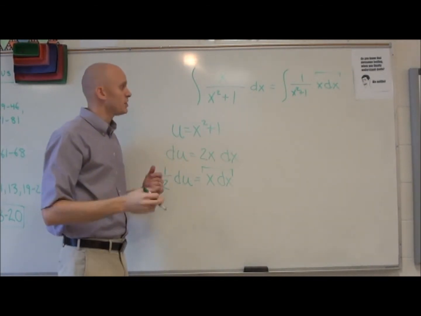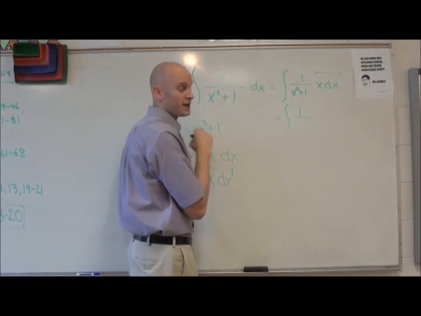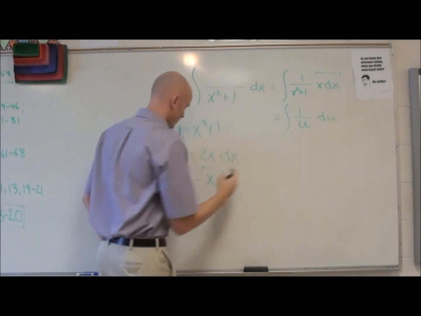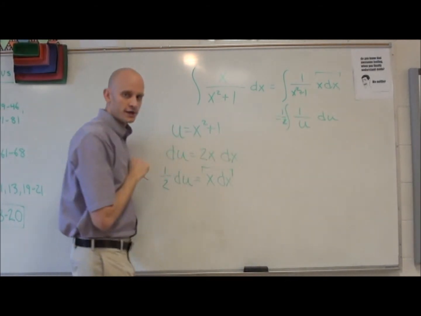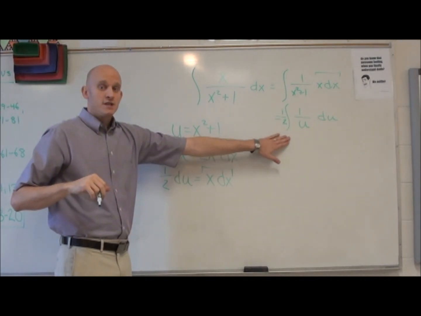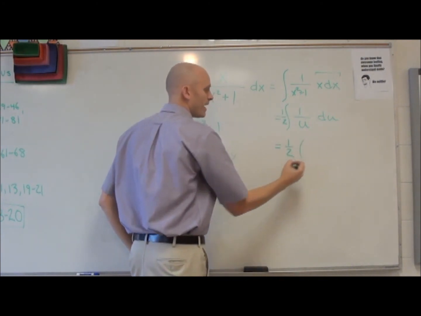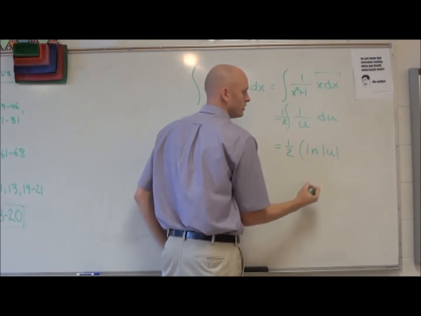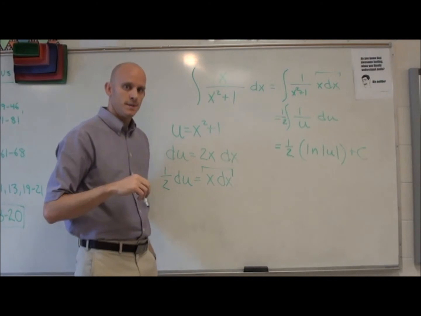So putting it now in terms of u, this is the same as the antiderivative, or the indefinite integral, of 1 over u du, as long as I have my 1/2, which I'm going to take out front. It's a constant, you can take it out front. Now, anti-differentiating here, we know that this is the same as 1/2 multiplied by the natural log of the absolute value of u plus c.